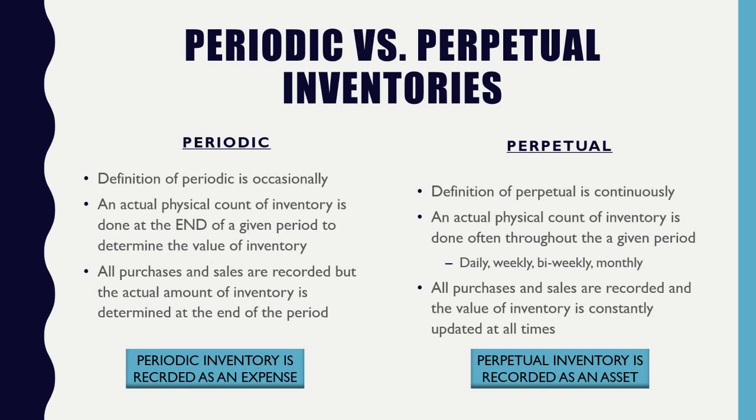So that's the idea here: when we have periodic inventory, usually you don't keep track of it or check on it until the end of the accounting period. And in this case, this is what we have to do. Very important: for periodic inventory, we recognize all of our purchases as expenses.